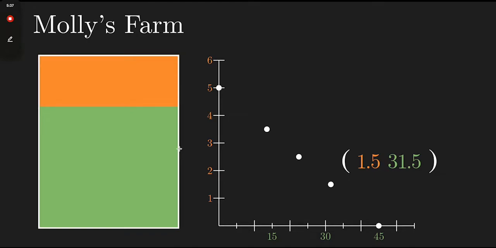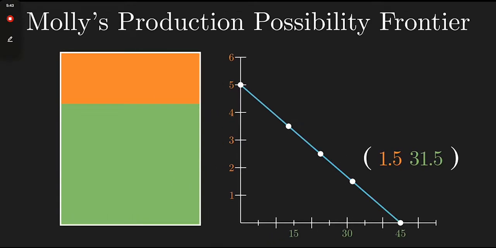So we can visualize the split sort of like this. Okay, and if we wanted to plot all the points out, we could do something like this, where we draw a line. And this tells us every possible combination of carrots and spinach that Molly can grow.